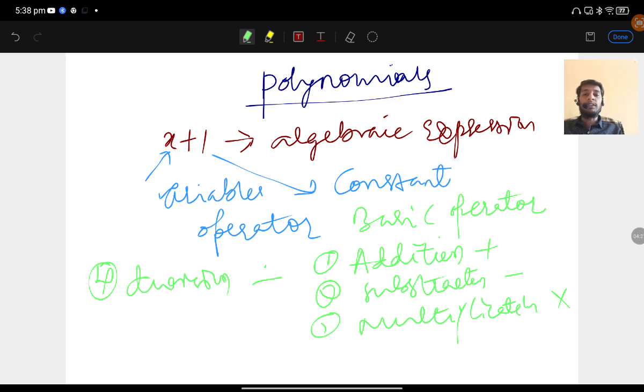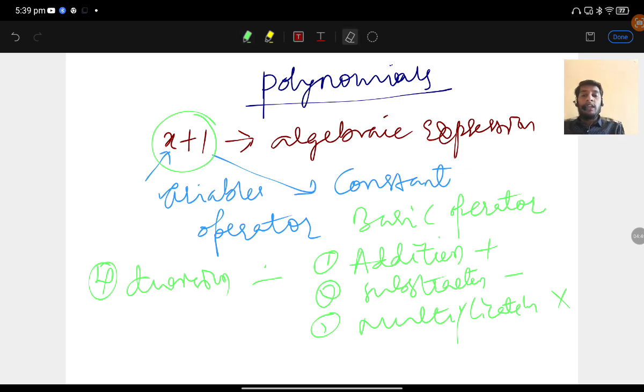Depending upon these concepts, we frame the algebraic expression. What an expression generally means is a combination of variables and constants along with the operators, which may be plus or minus. So this is a brief introduction about the expression.